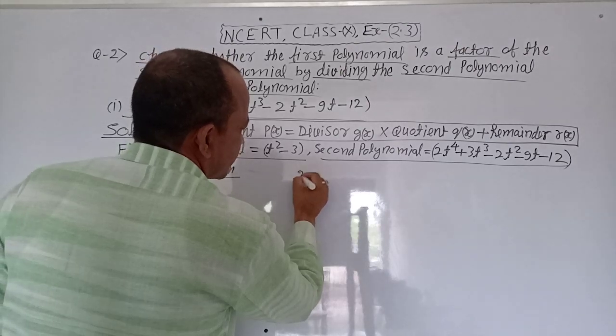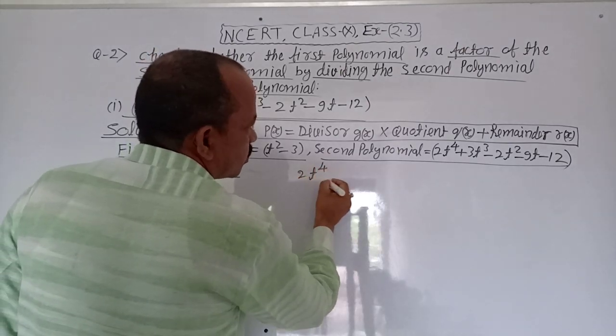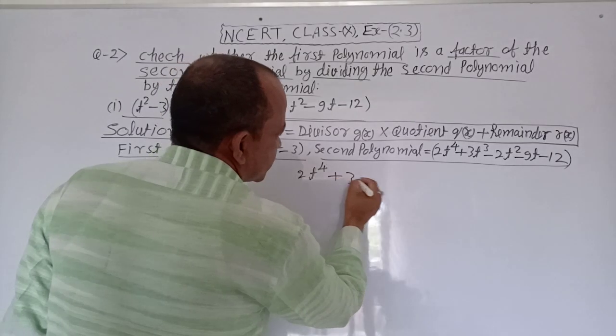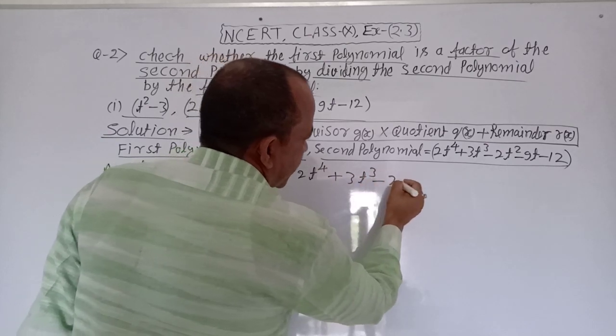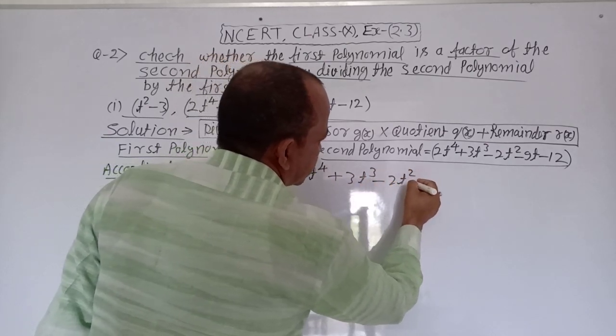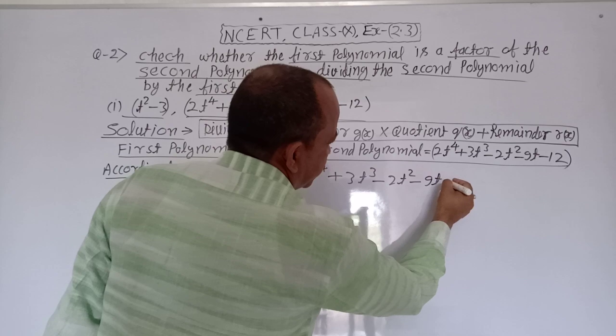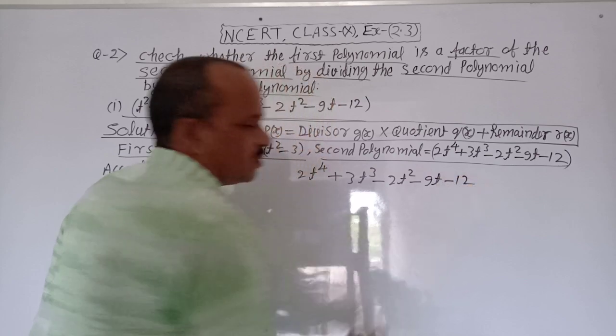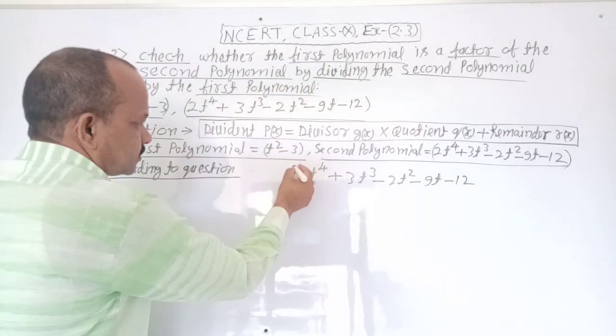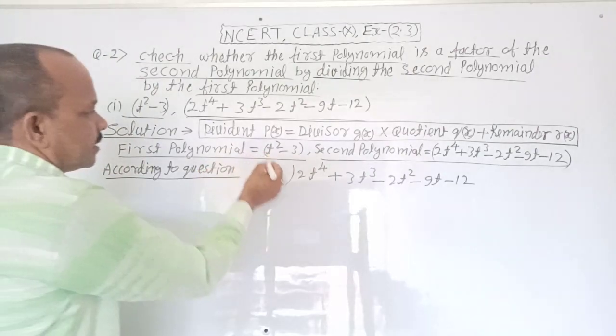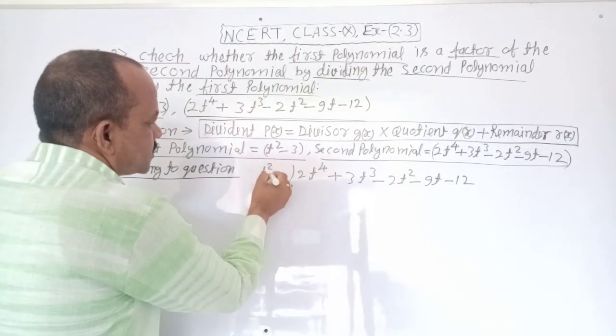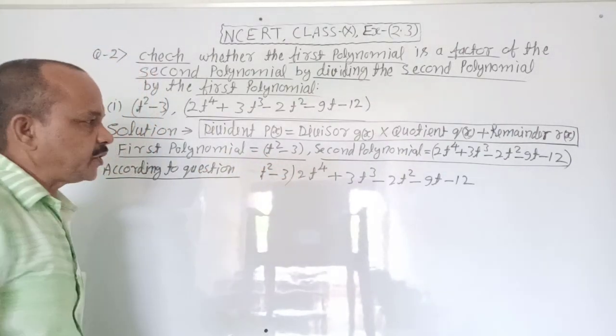Here 2t power 4 plus 3t cube minus 2t square minus 9t minus 12, and here t square minus 3.